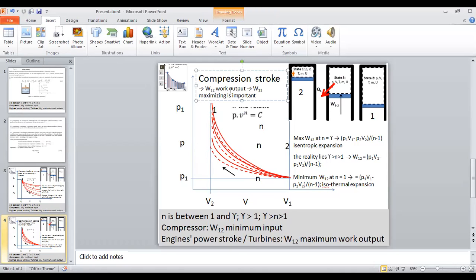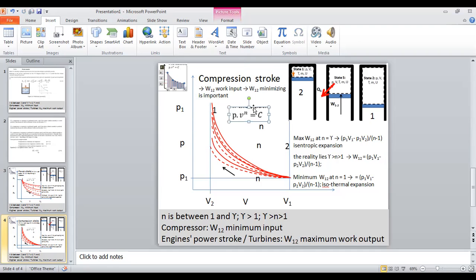So work input for compressors, W12 minimizing is important, because from small work we have to maximize the compression effect.